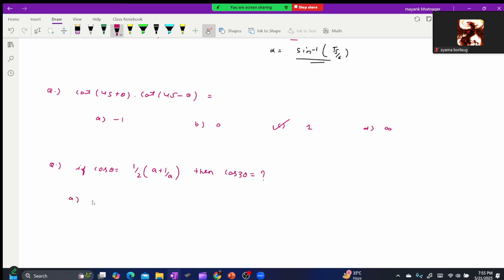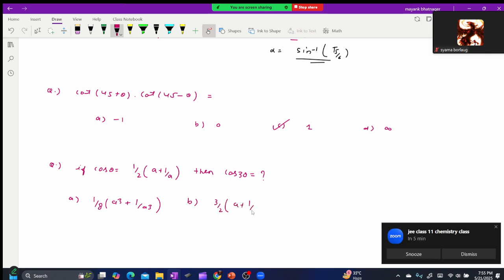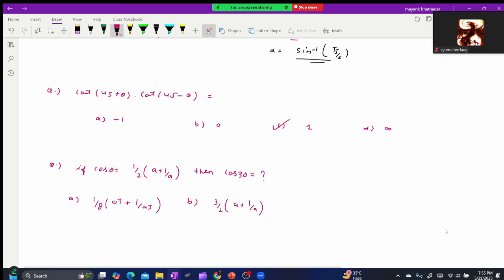They have given 4 options. A is 1/8 into a cube plus 1 by a cube. B is 3/2 into a plus 1 by a. C is 1/2 into a cube plus 1 by a cube. D is 1/3 into a cube plus 1 by a cube.